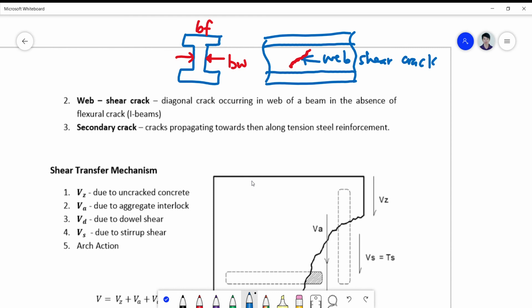I will show you later how these secondary cracks are observed when we go to the real analysis, the actual analysis of shear in beams.